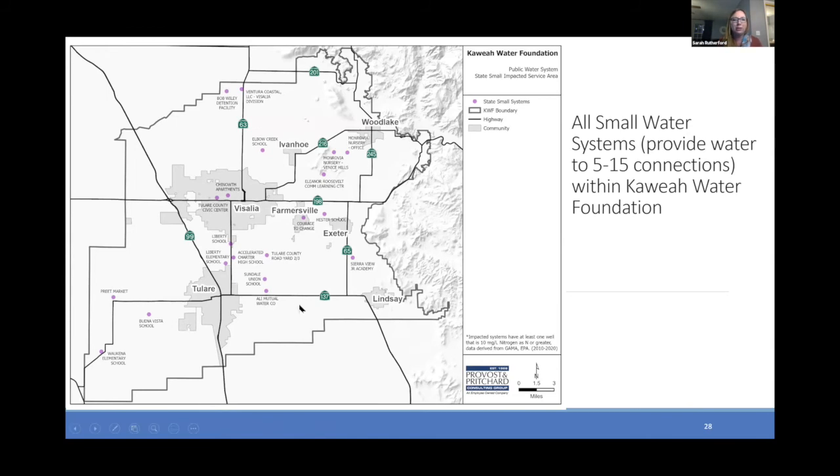I would like to make this font a little bit larger, but they include places like Elbow Creek School, Buena Vista School, Preet Market, Joaquina Elementary School, a couple of other schools, and additionally a learning center called Eleanor Roosevelt. Then some offices or packing house buildings may also be considered a small system because they provide water to more than 25 people.